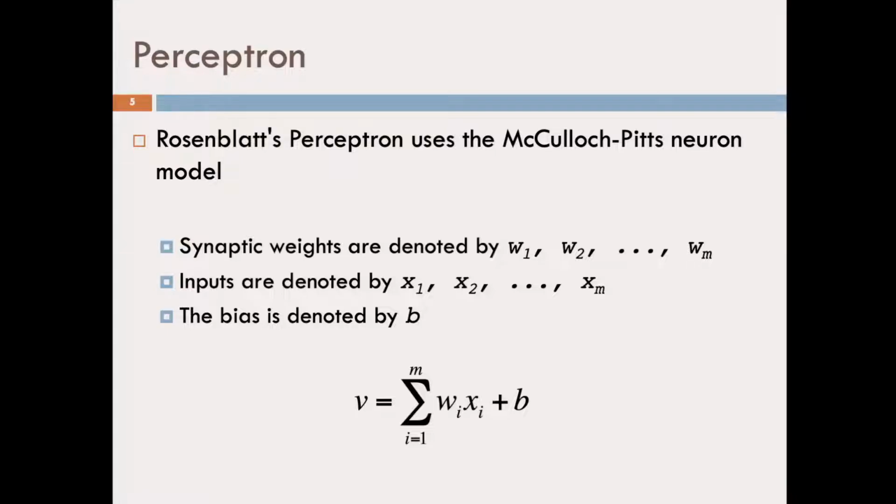So we are multiplying two vectors position by position: X1 times W1, X2 times W2, and so forth, and adding a bias value, that's usually +1.